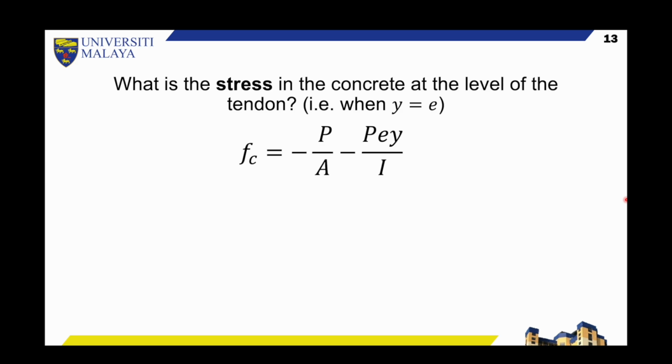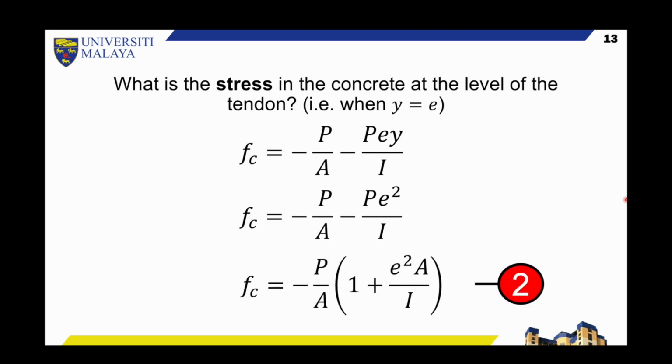It is negative P over A, the stress in the concrete due to the pre-stressing force, minus P E Y over I, which is due to the eccentricity itself. And we can say that Y is equal to E here, remember? And E Y becomes E squared. And we can take out the P over A to get our second equation. And you'll see why we remove P over A.